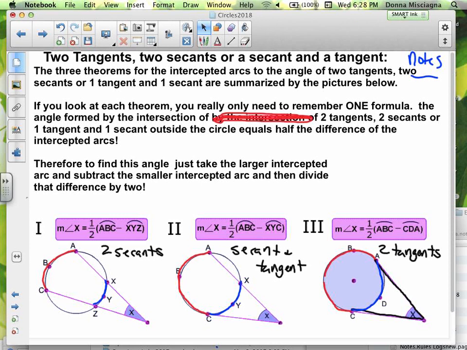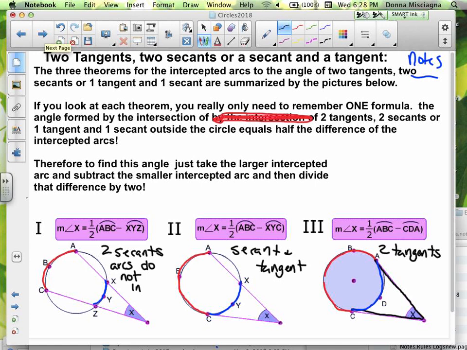But notice there is a difference. And the difference has to do with how much of the circle the arcs take up when it's two secants, a secant and a tangent, or two tangents. All right, so notice here, if I have two secants, those arcs do not intersect. One of them is definitely a minor arc.